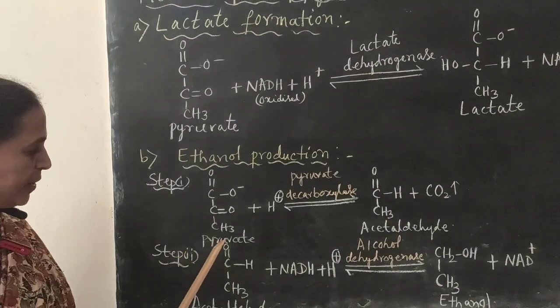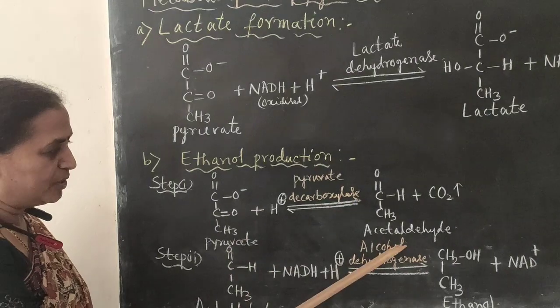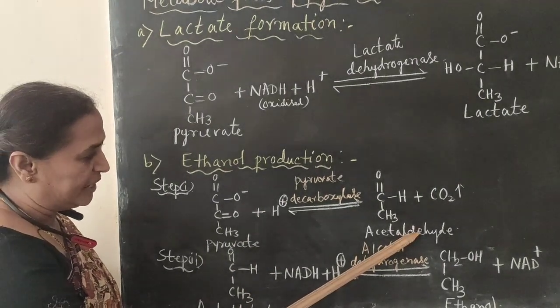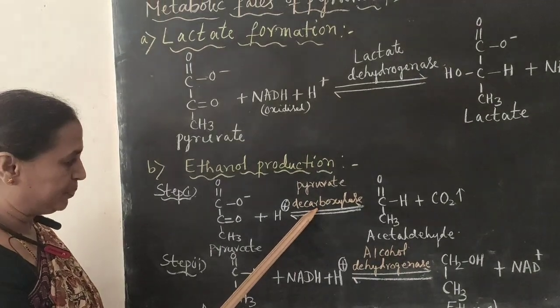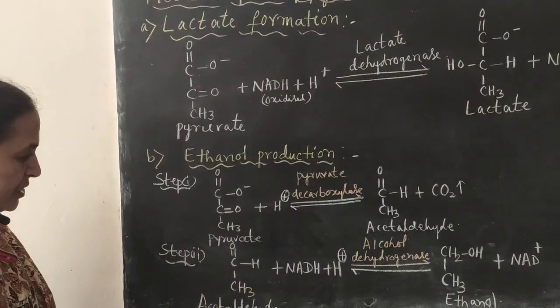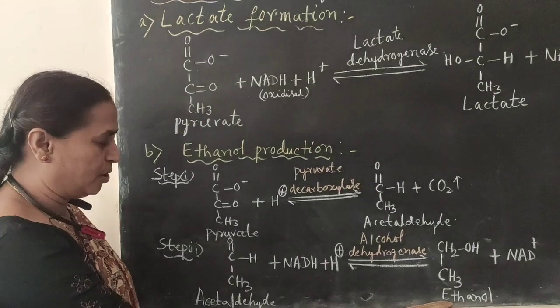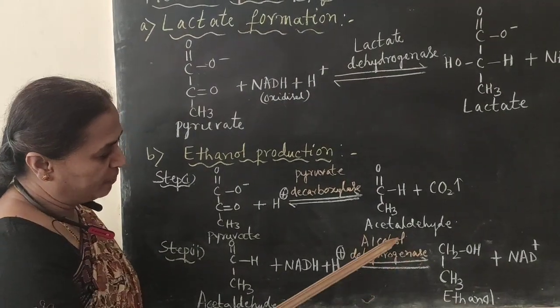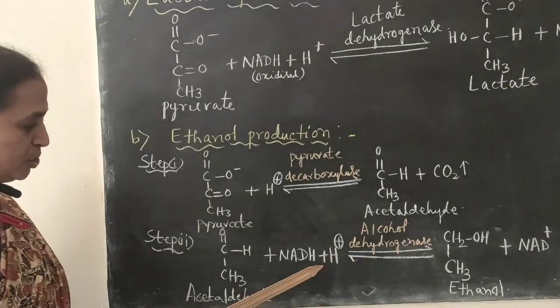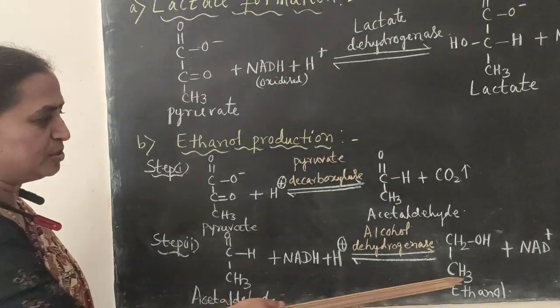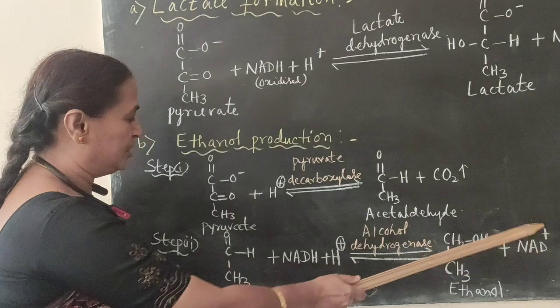In the first step, pyruvate is converted to acetaldehyde, which is catalyzed by the enzyme pyruvate decarboxylase. And in the second step, acetaldehyde is reduced to ethanol with the help of the enzyme alcohol dehydrogenase. And here also NADH gets oxidized to NAD+.